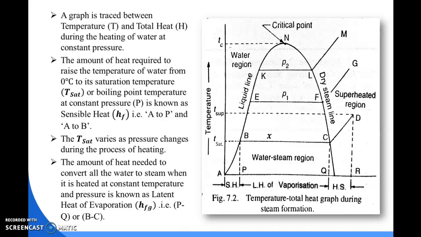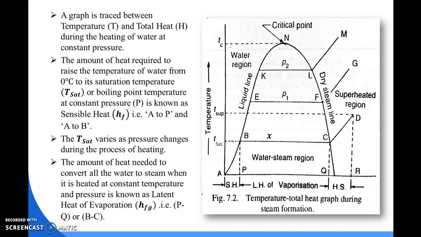So, from A to B, B to C, C to D, in all these paths, pressure is constant. Besides this, the temperature is also constant between B and C. Now, you see here the saturation temperature is T saturation.